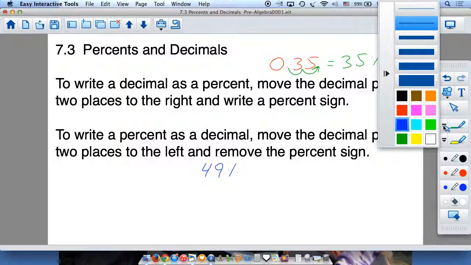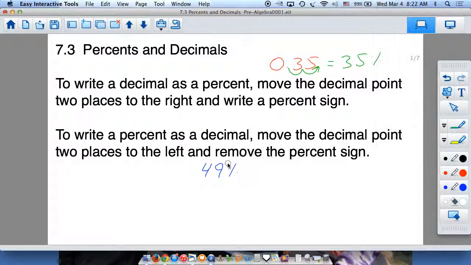If I'm going to change that to a decimal, I remove that percent sign and move that decimal 2 places to the left. So I get the decimal of 49 hundredths. 49% becomes 49 hundredths. That's as easy as this lesson gets.